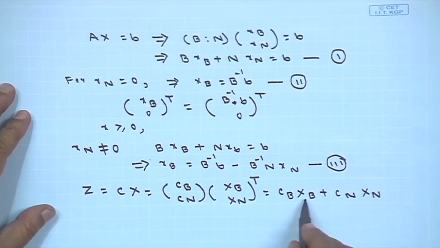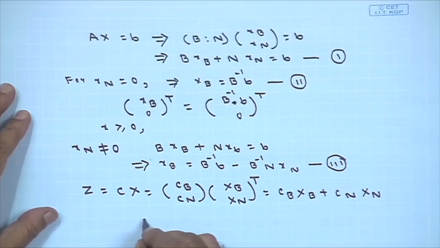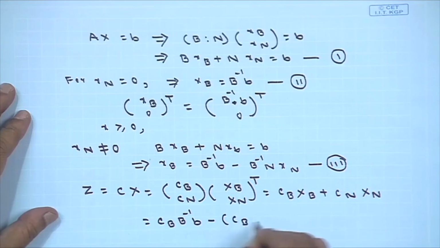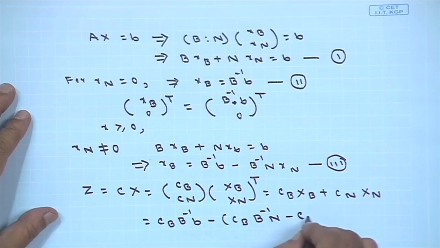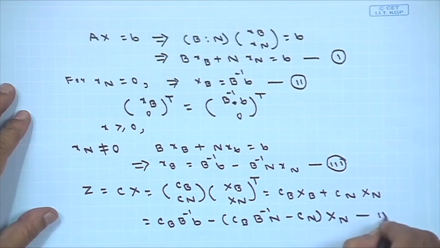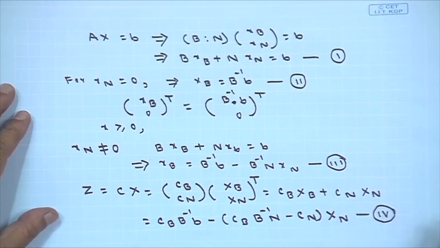From here you put the value of x_B from equation 3, and after manipulation you will obtain C_B B inverse b minus (C_B B inverse N minus C_N) into x_N, which is equation number 4. So, you are getting this.